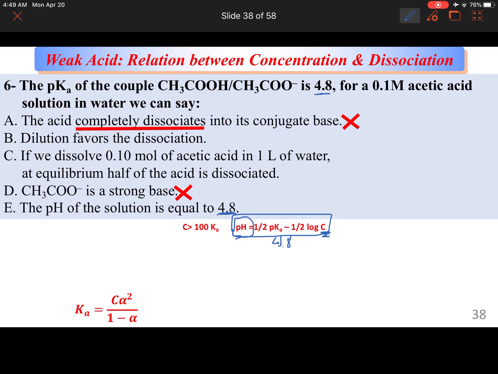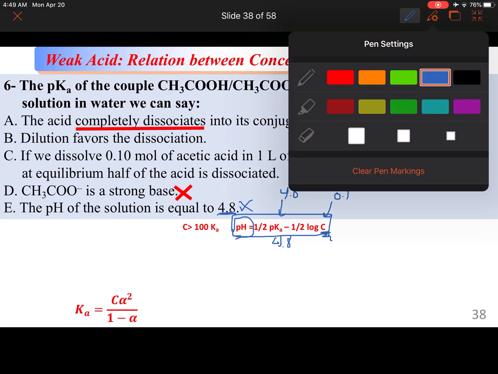Unless this is very, very dilute. And it's not, it's 0.1 molar. Or simply substitute in, instead of K, just put 0.1, pKa is 4.8, and get a pH. It's definitely, the pH of the solution is not 4.8, okay, if you have to do a calculation.